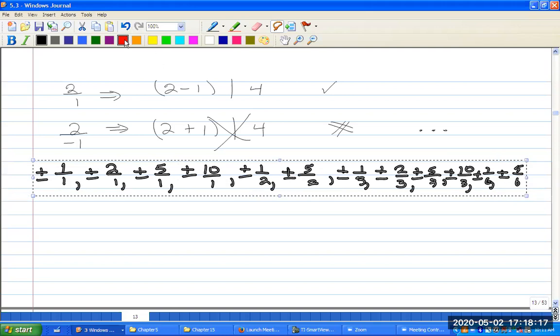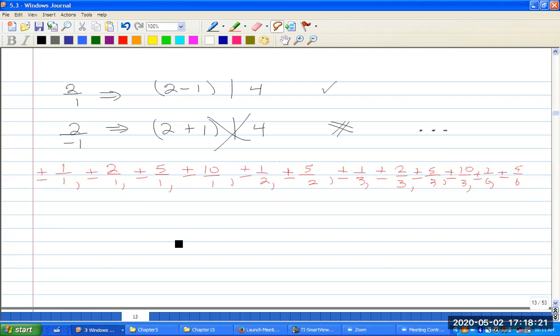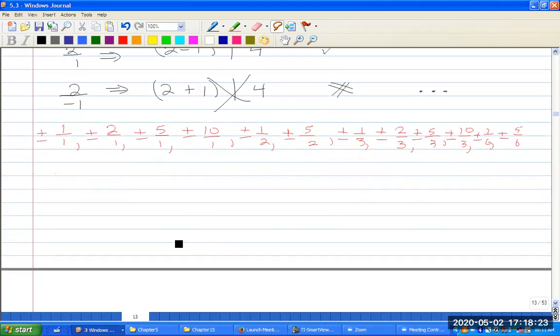Let's look at these numbers. So let's just look at p minus q. I don't have to do the plus 1 because we already did that. So 1 minus a negative 1 is 2.